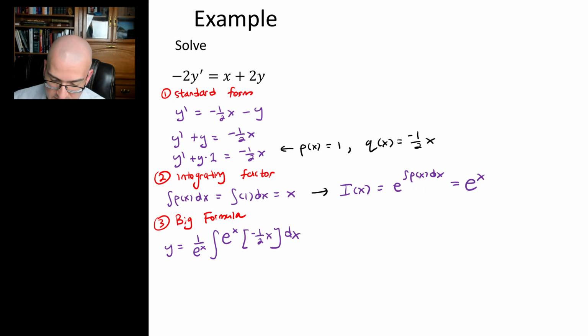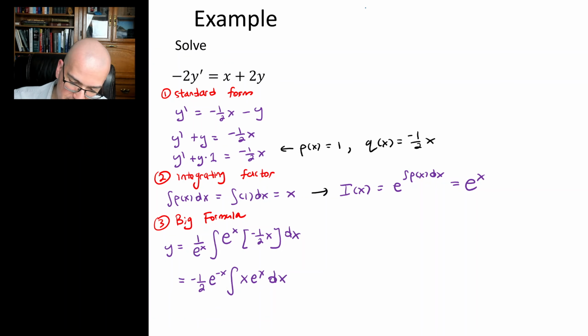I can bring the 1/2 and the negative out front. E to the x in the denominator is e to the negative x in the numerator. And we have an integral of x e to the x dx. I'm going to do that integral off to the side.